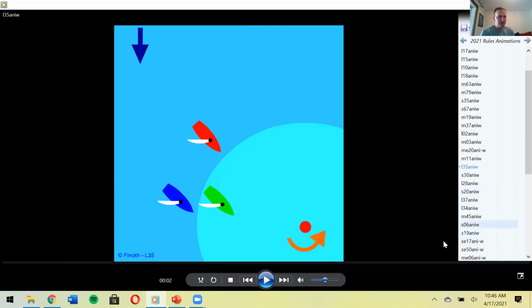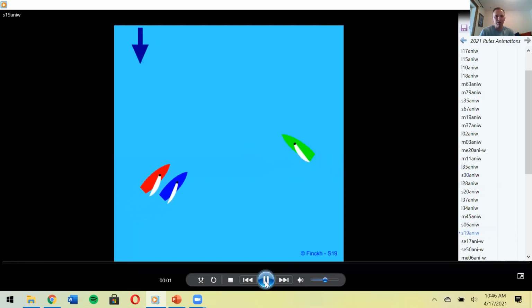Okay, obstructions. A right-of-way boat, a moored boat, shore, or a dock are obstructions, and an outside boat must give way to an inside boat. So where this comes up, it doesn't come up very often, but occasionally with a starboard boat. Green's on starboard and has right-of-way over red and blue, but between red and blue, blue has right-of-way over red.